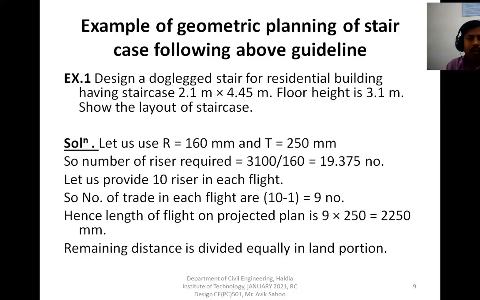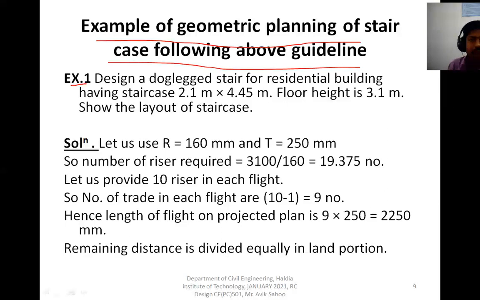Now one example of geometric planning of staircase following the above guidelines I have mentioned in the previous slide. Following the guidelines, you develop the planning, you make a plan of a dog-legged staircase.